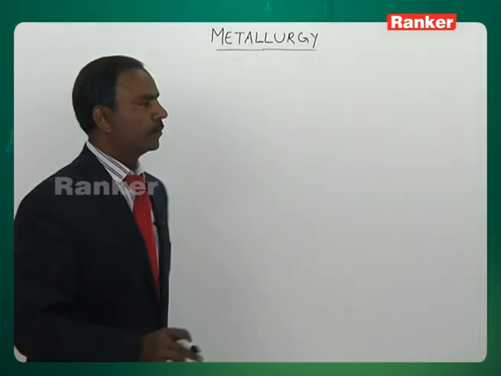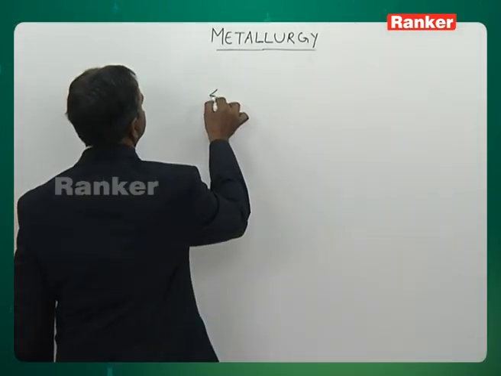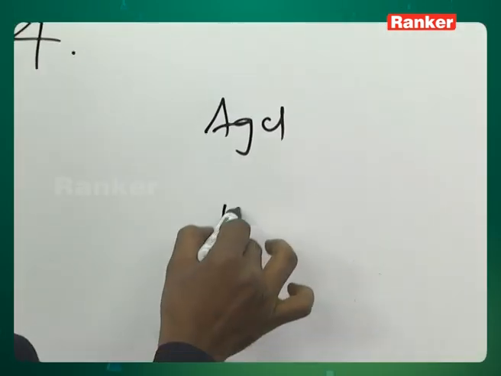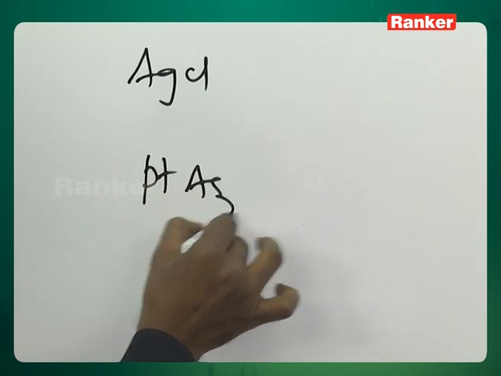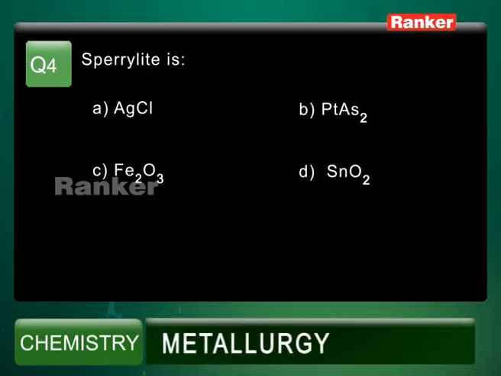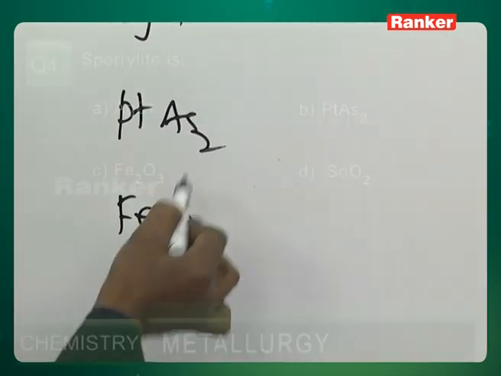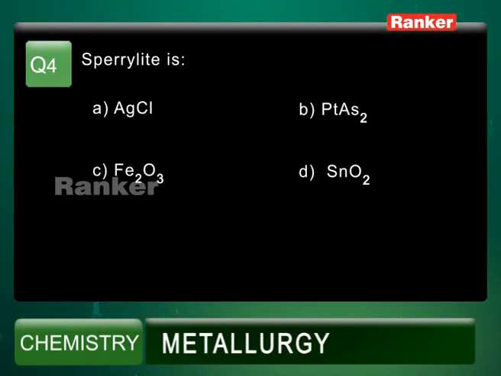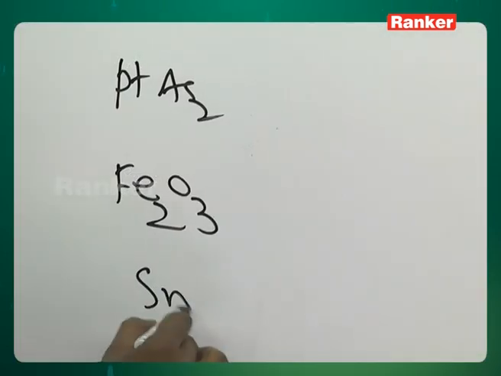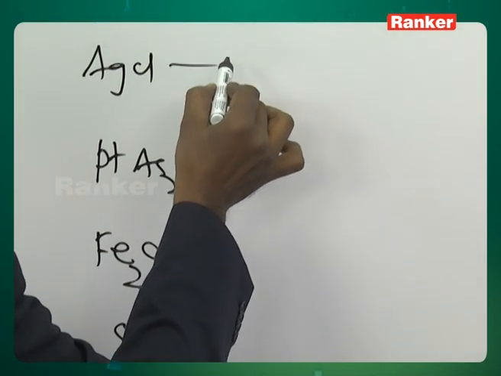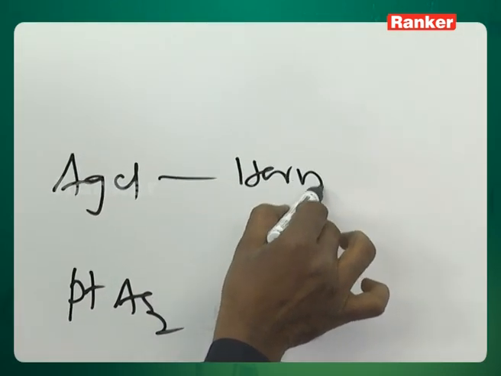Question number 4, sperrylite is A. AgCl, B. PtAs2, C. Fe2O3, D. SnO2. You might be knowing this AgCl, this is actually horn silver.